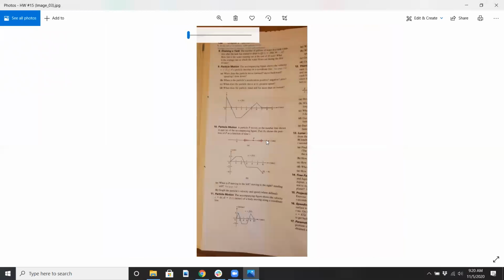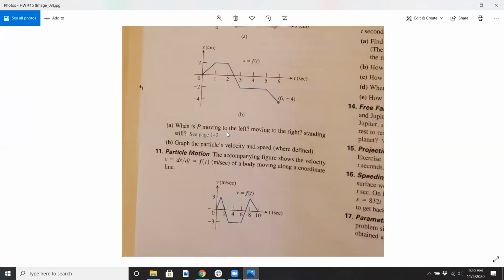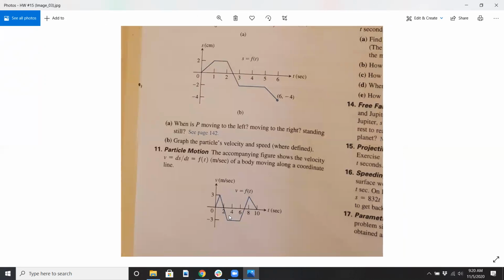Okay, the graph for 11 is right there, which kind of stinks because I'll have to go back and forth. So let me zoom in, give me one sec. So you got your velocity from 0 to 10, and what are the questions asking? Okay, actually, let me drop this down really quickly on a piece of paper for myself. Then I'll replicate it on the screen.